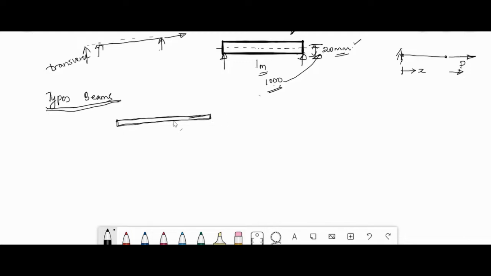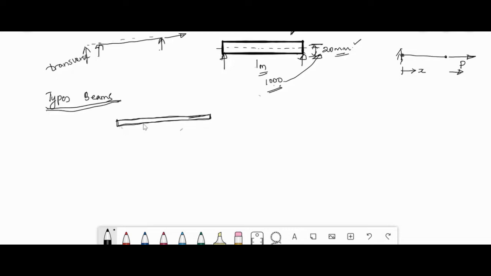It can be a circular rod or rectangular bar. When it is supported and subjected to load or forces, then only it is called a beam.